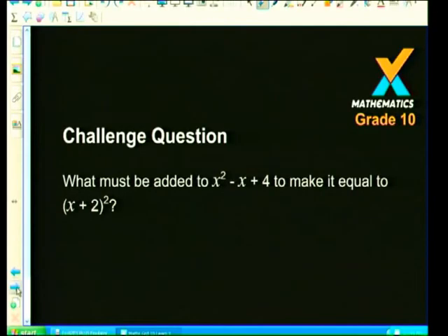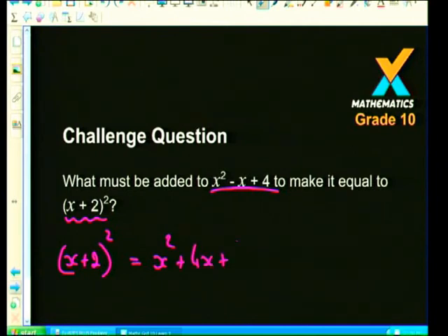What must be added to that over there to make it equal to this thing over here? Well, how about I multiply out this bracket first and see what I need to add? Well, first squared, first times second times 2, second squared.